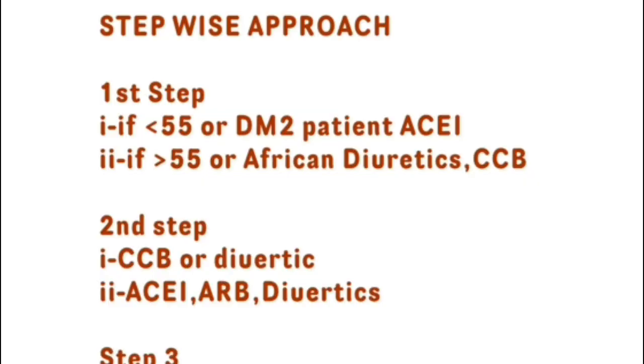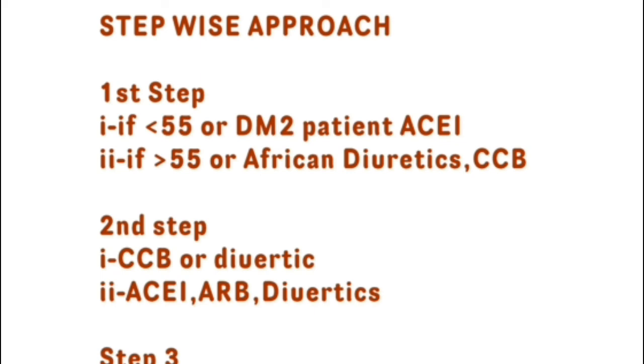Now, basically, what the management is like, we go stepwise. If the first step fails, then we'll move to the second step. If the second step fails, you move to the third step. And if even the third step fails, you will treat it as a resistant hypertensive patient.